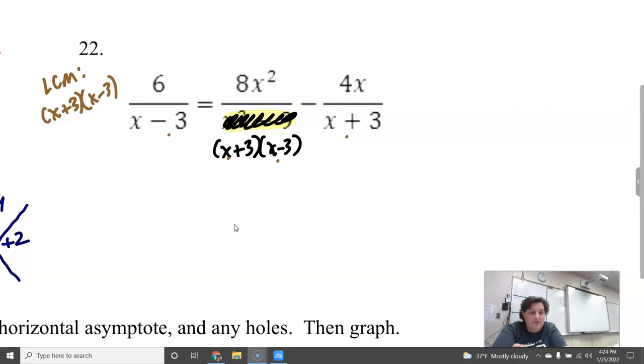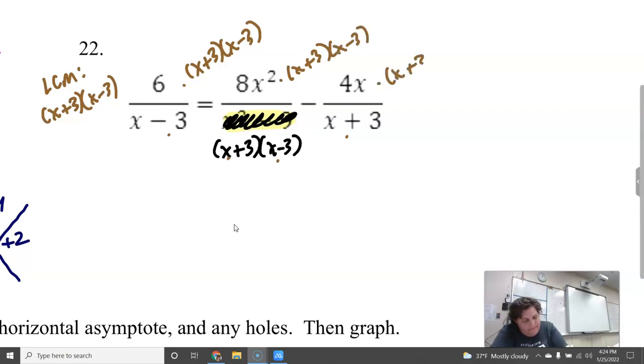All right, I'm going to multiply that by every single term. Okay, x plus 3, x minus 3, x plus 3, x minus 3, x plus 3, x minus 3. Okay, here we go.